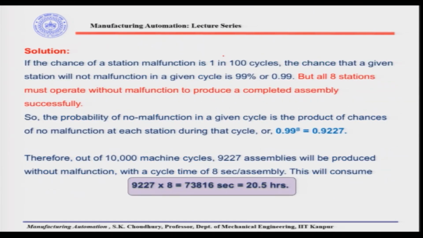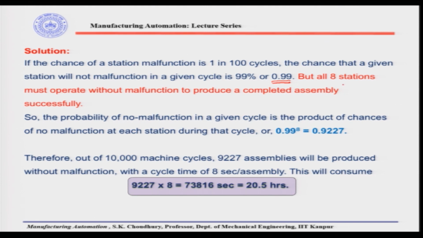All right. If the chance of a station malfunction is 1 in 100 cycles, the chance that a given station will not malfunction in a given cycle is 99%, or the probability is 0.99. One station malfunctioning does not mean that all other machines will not work. So, this probability stands valid.